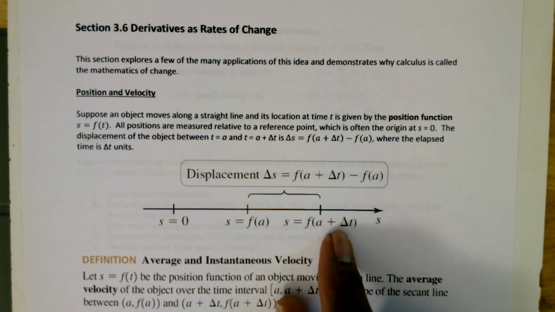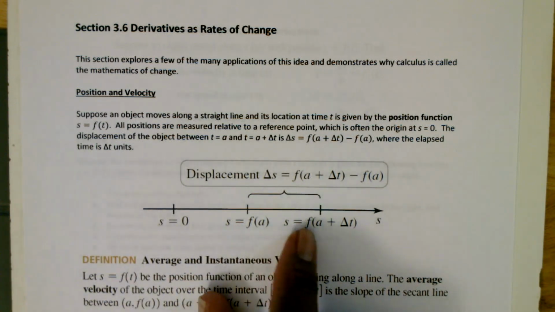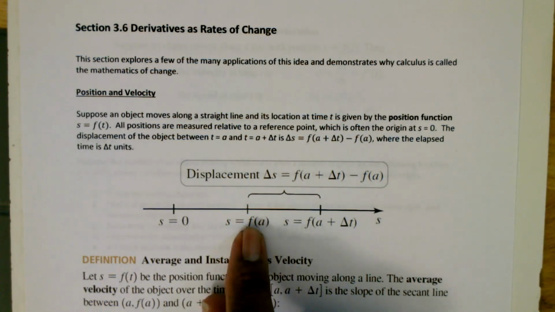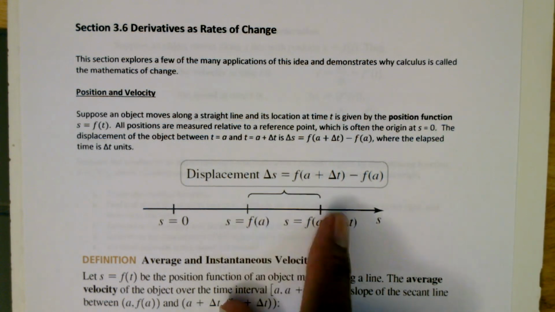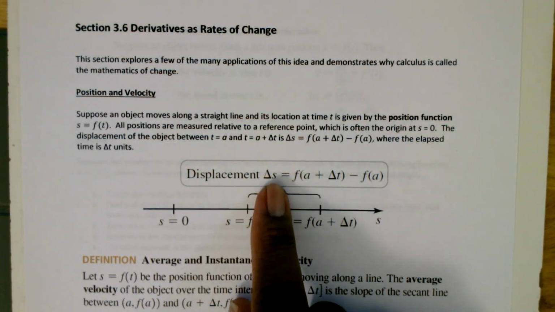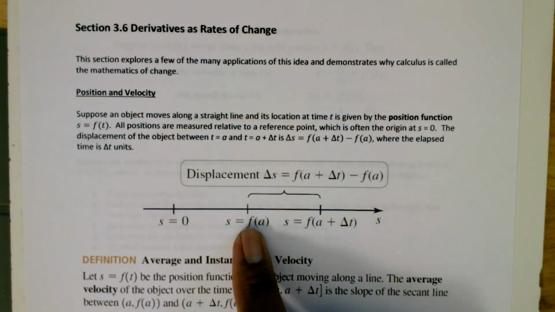By the way, that's the Greek letter delta, meaning the change in whatever your variable is. In this case, it's the change in t, and t is your time. So a plus delta t minus a gives delta t, which is your change in time. And then your displacement here would be delta s, which is going to be f of a plus delta t minus f of a.